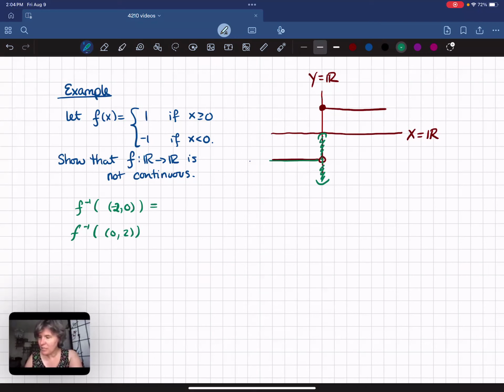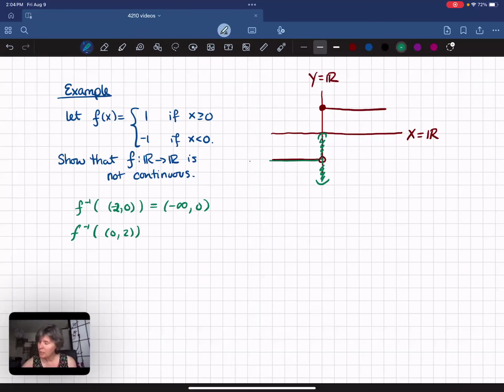So the possible inputs that lead to that output are just -infinity to 0. Now, is 0 included in that or not? If I look at f of 0 from the definition, f of 0 equals 1. So f of 0 is not between -2 and 0. So this should not include 0 here.